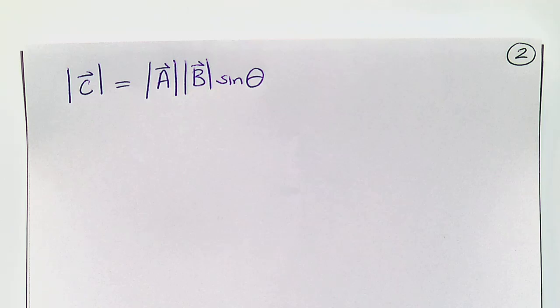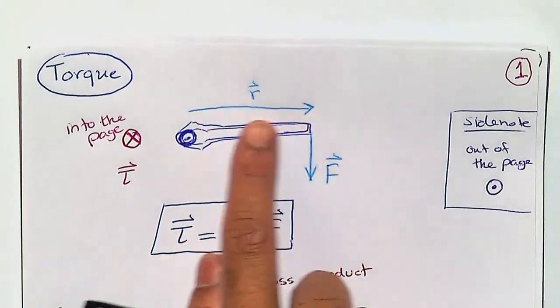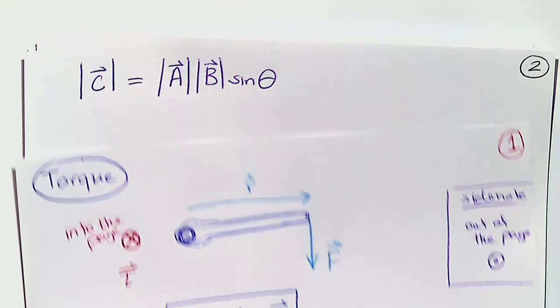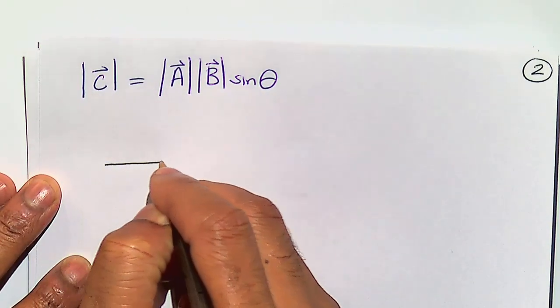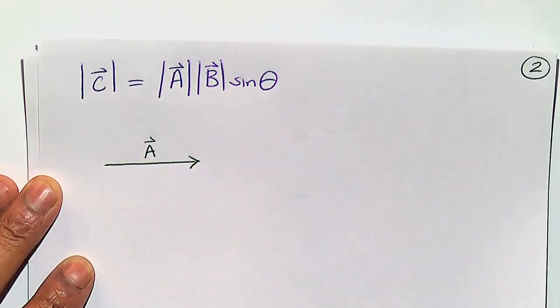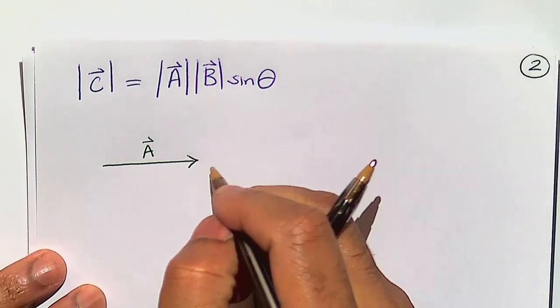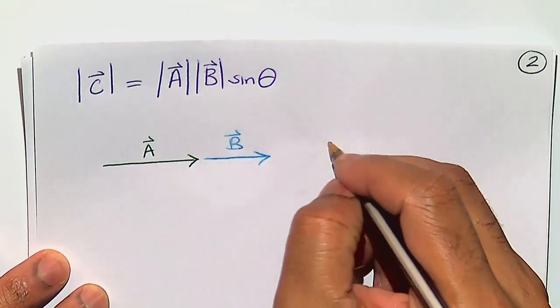Okay, so here's where you have to be a little careful, because going back to our torque example with a wrench, notice the direction of R and the direction of F, they have a certain angle to them. They're not pointing in the same direction. So when we say this angle, how we're measuring is, let's say the direction of A is that way, and if the direction of B is also that way, we say that the angle is 0.